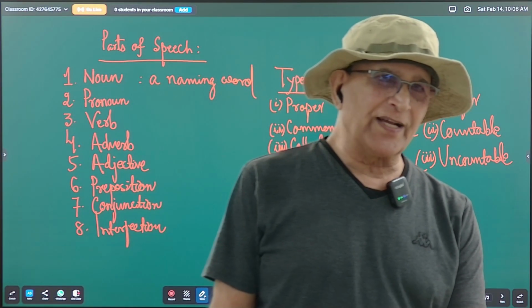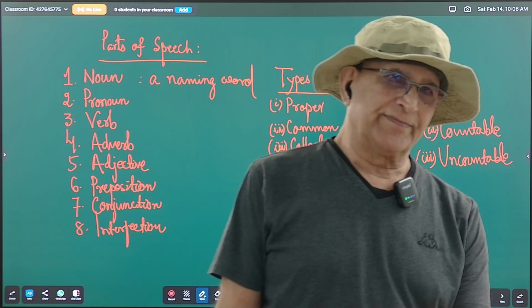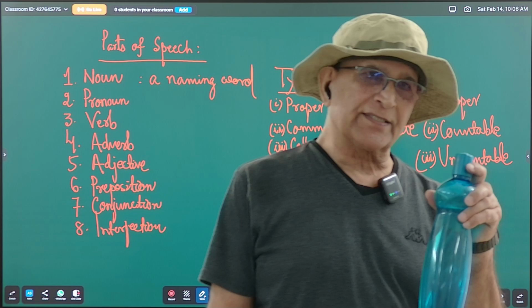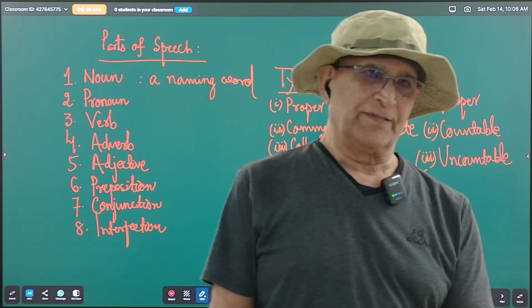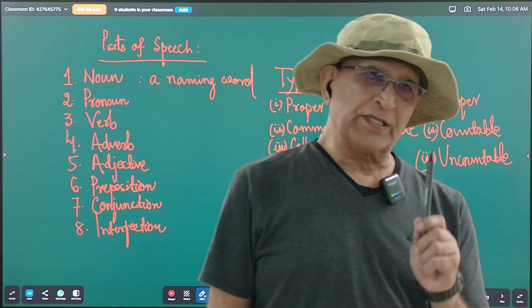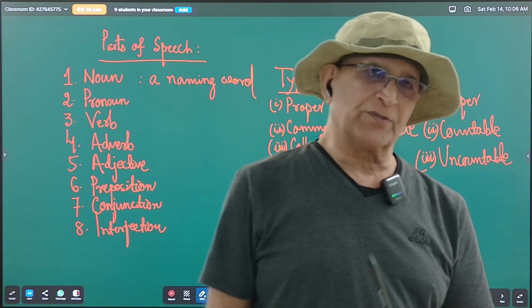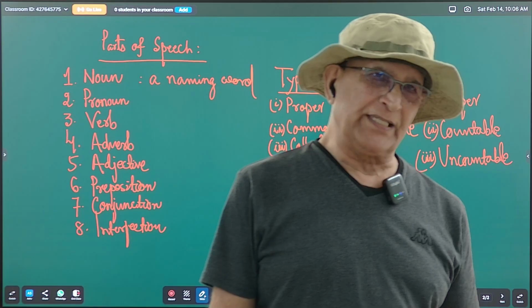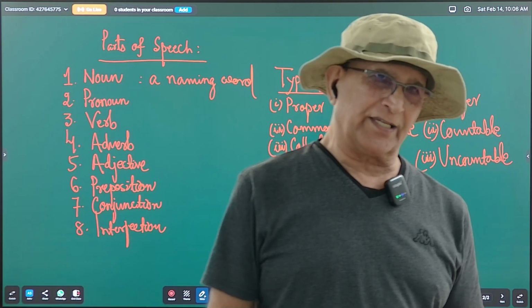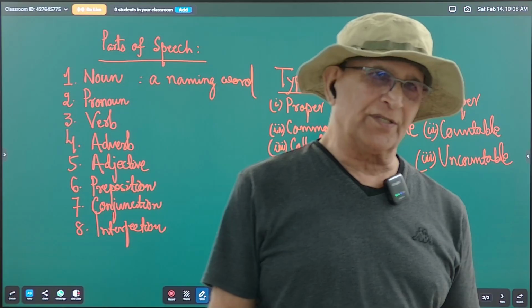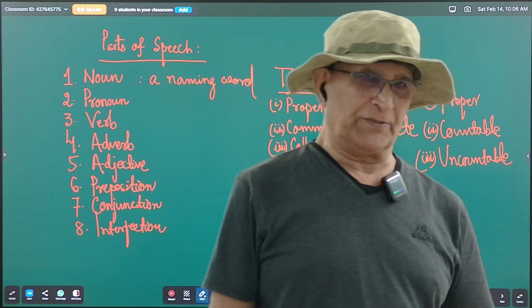You can do it like it is a countable noun. We can easily count bottle, so it is a countable noun. Bottle is countable noun. We can count bottle. Marker is a countable noun because we can count marker. Bench, countable noun. We can count bench. We can count desk. We can count chair. We can count boy. We can count girl. All these are countable nouns.